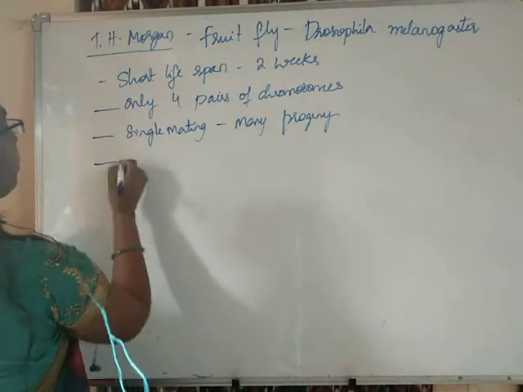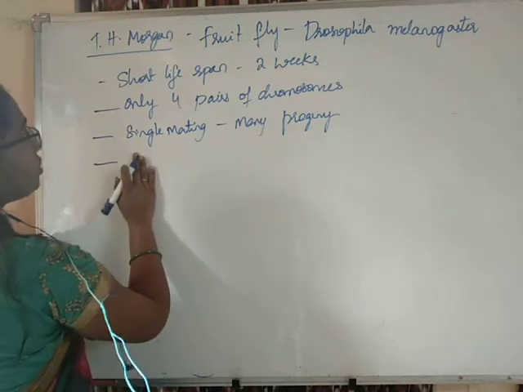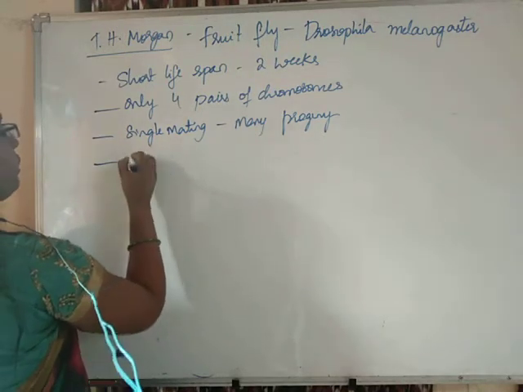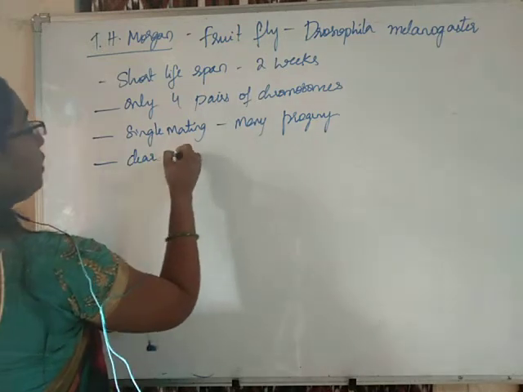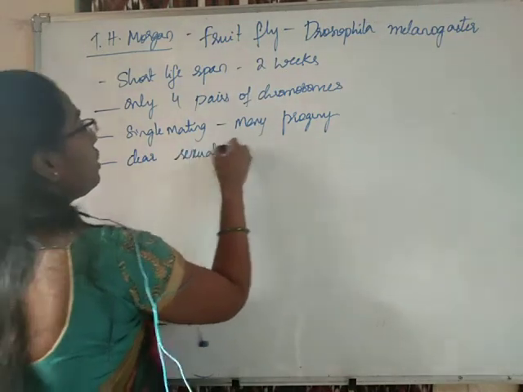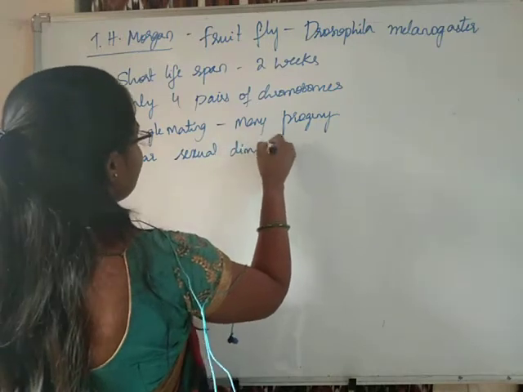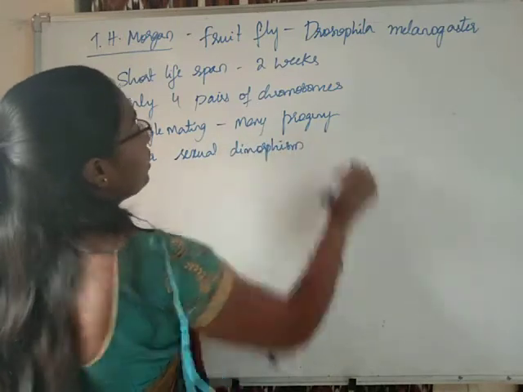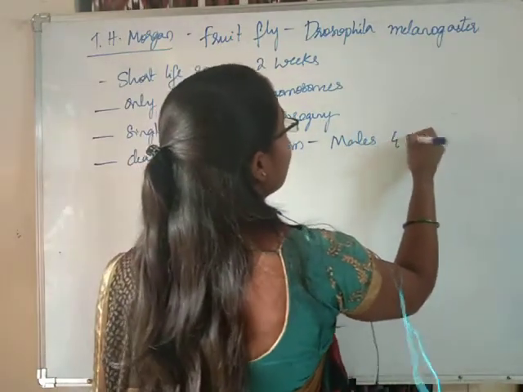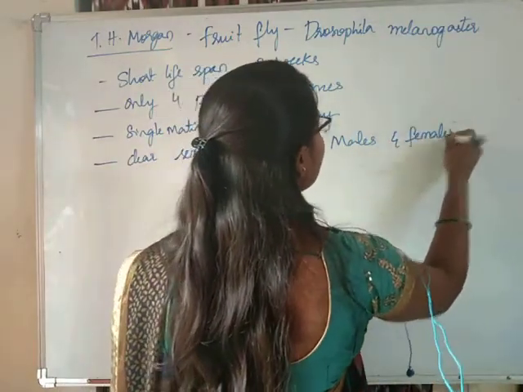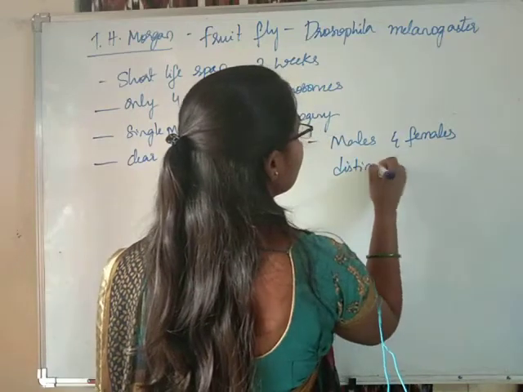Drosophila melanogaster shows very clear sexual dimorphism. That means males and females are very clearly distinguishable.